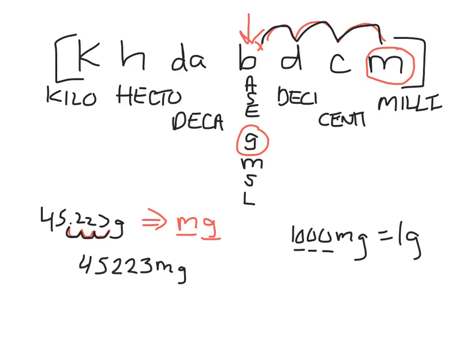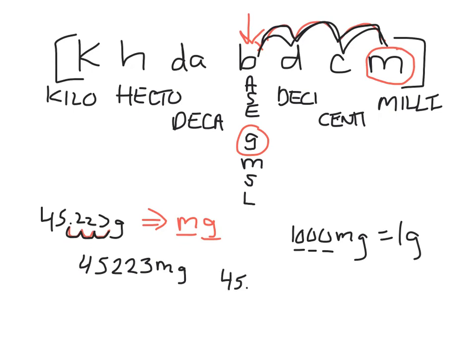So if you don't like this method, some people call it the stair step. They put it in a cool stair step design. But I call it the loop and swoop method, where you just loop over and move your decimal as many places. But if you don't like that, you can use dimensional analysis and it gets you the same answer.